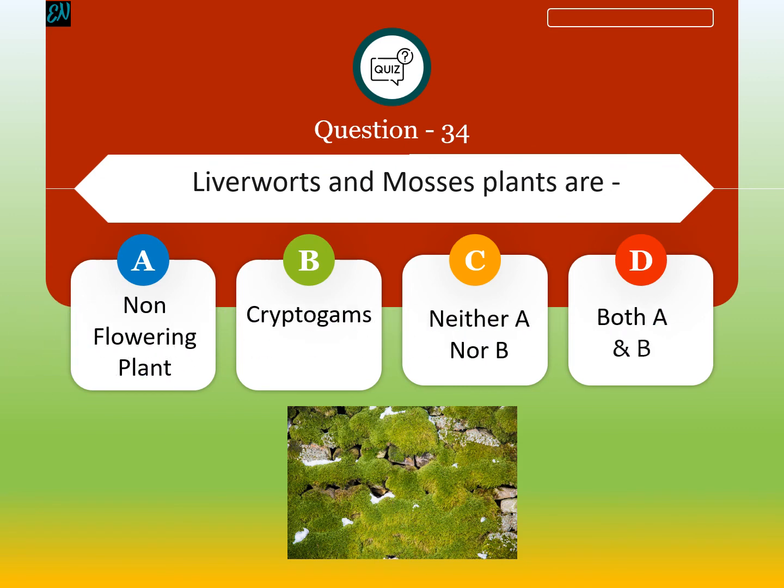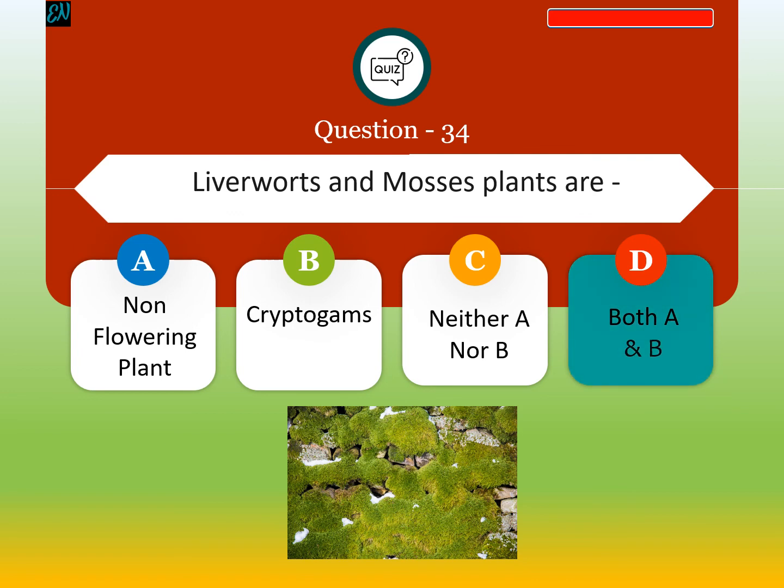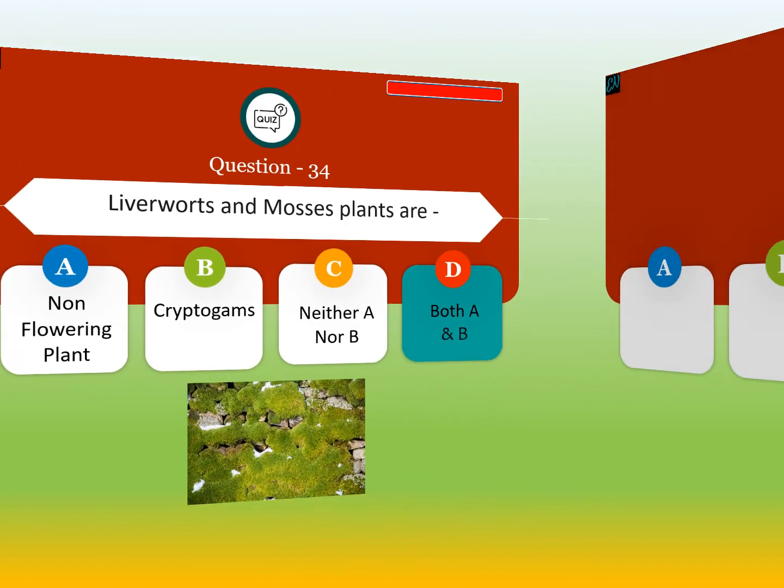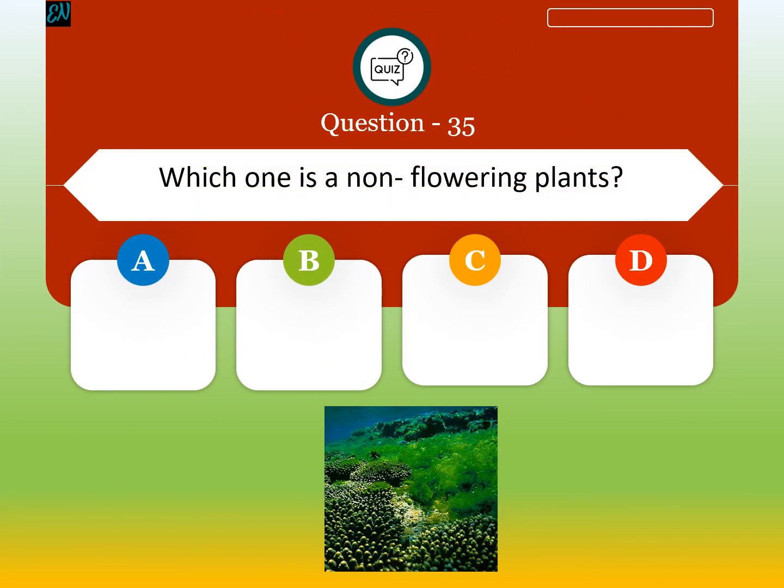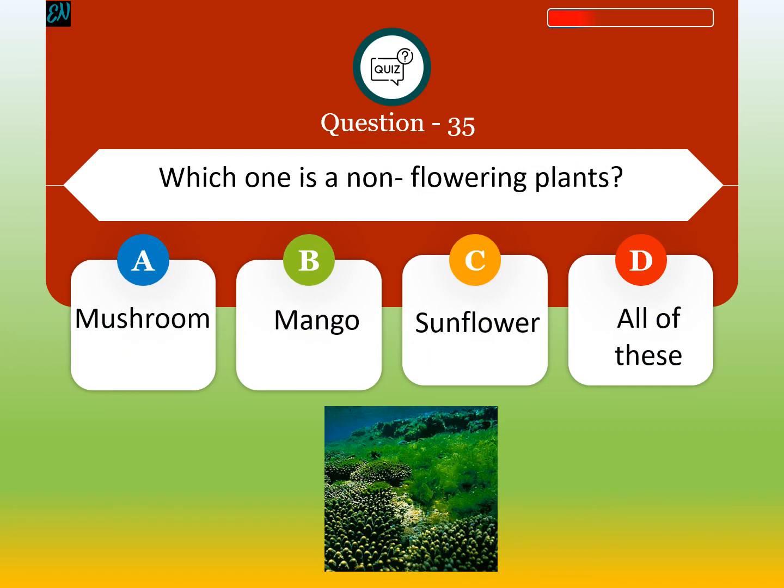Liverworts and mosses plants are non-flowering plants, cryptogams, neither A or B, both A or B. Both A and B. Non-flowering plant is also known as cryptogams. Which one is a non-flowering plant? Mushroom, mango, sunflower, all of these. So here mushroom is only the non-flowering plant.